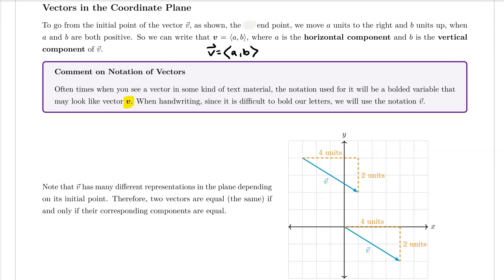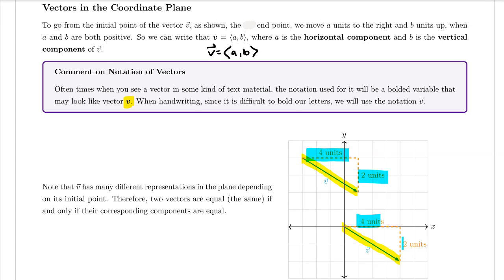Note that vector v has many different representations in the plane depending on its initial point. Therefore, two vectors are equal, or the same, if and only if their corresponding components are the same. So notice that I have two vector v's drawn here. Those are actually the same vector even though they are in different locations, because vector v has a horizontal component of 4 units and a vertical component of 2 units.